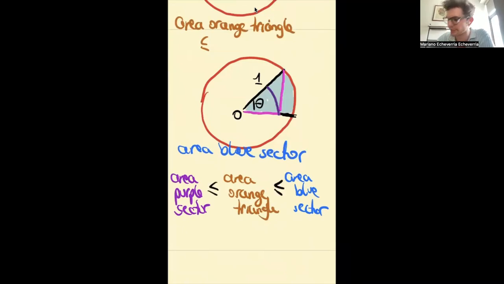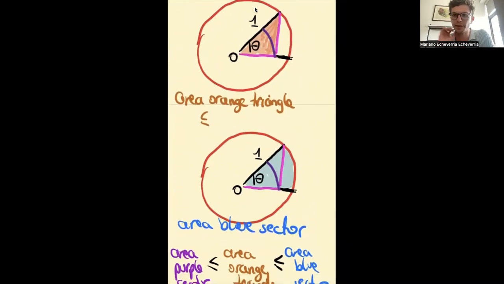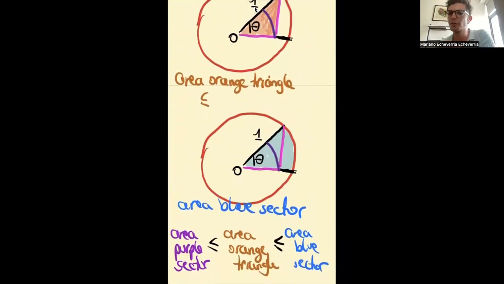So what I'm saying is that we have these inequalities. Is that making sense? And so hopefully you'll see that this will take the shape more of a squeeze theorem in a second. But it is kind of like finding some interesting inequalities between certain areas.